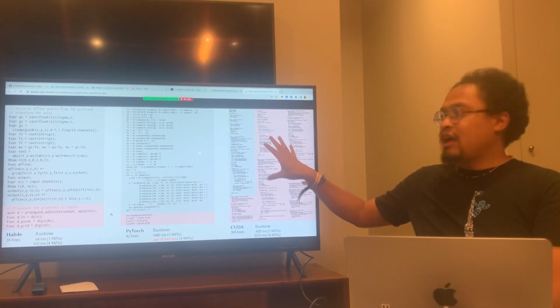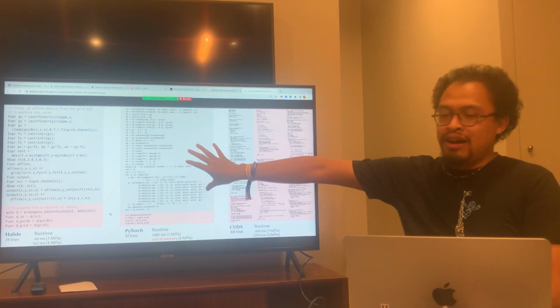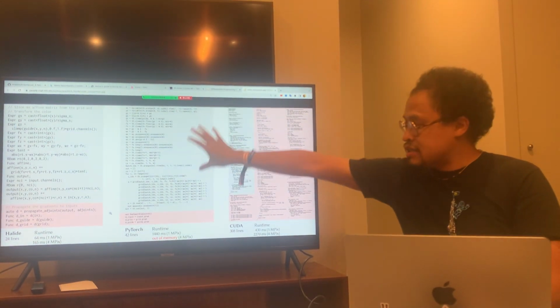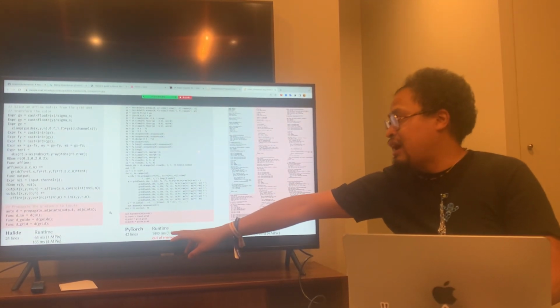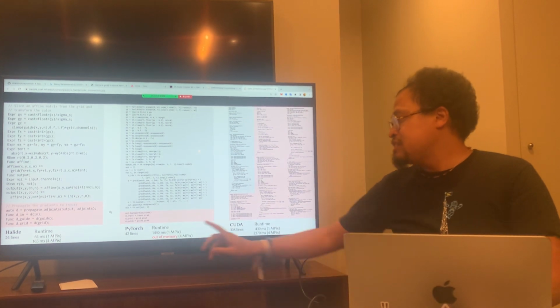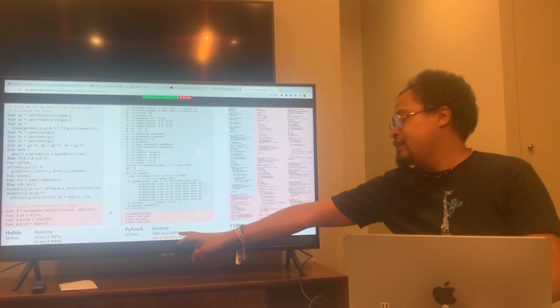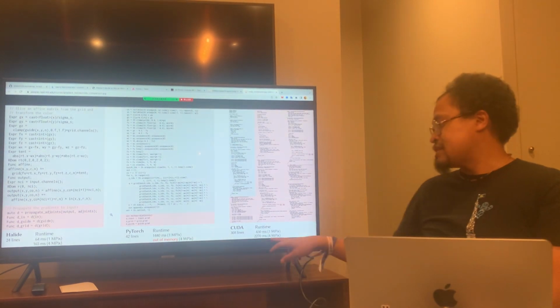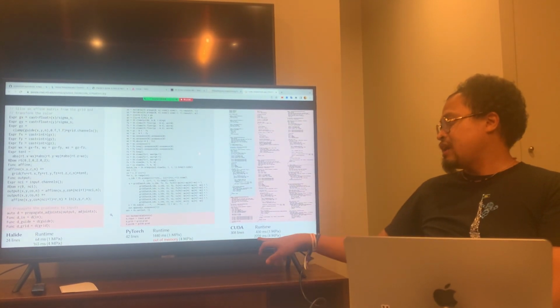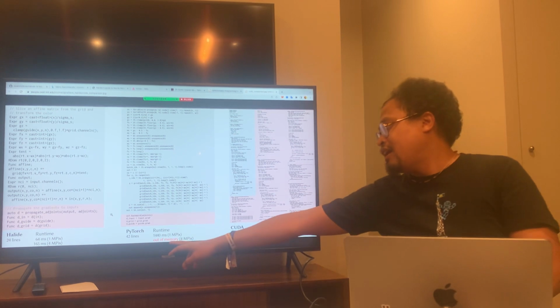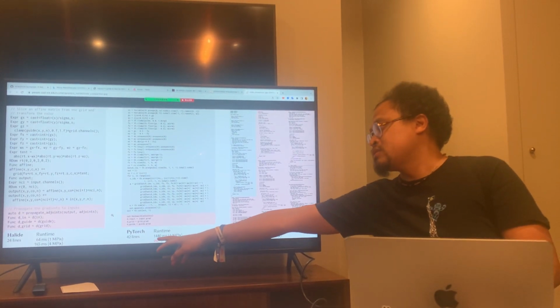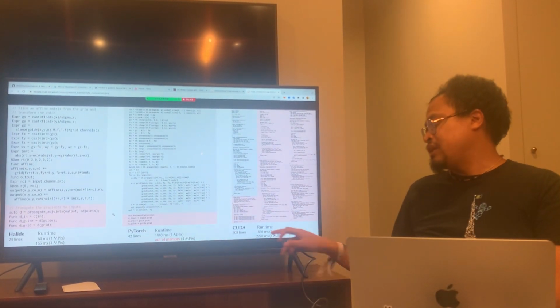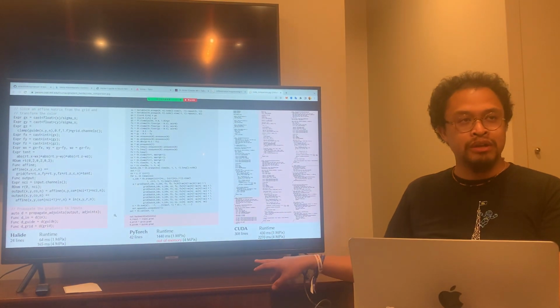Then you had a high-level programming language, PyTorch, 42 lines, except that it's much slower. It goes out of memory for 4 megapixel images that you analyze, while in CUDA it takes 2 seconds. For 1 megapixel images it took 1.4 seconds, while in CUDA it was 3 times faster.